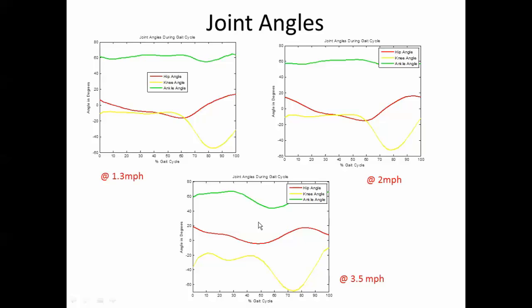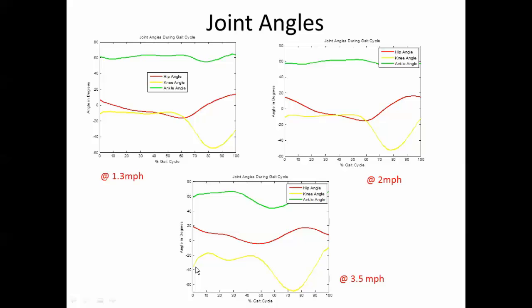And the same goes for the knee angle and the hip angle. Well, I'd say the hip angle is kind of the same, but for the knee angle, which is the yellow one, there is a large difference in the range. Before we were starting at around minus 10 degrees, and then going down to around minus 55, and then going back up.